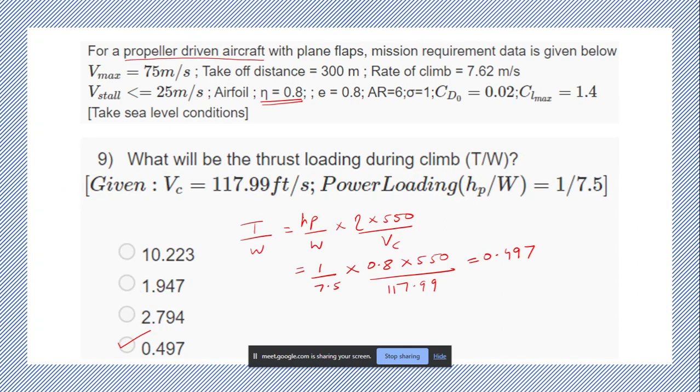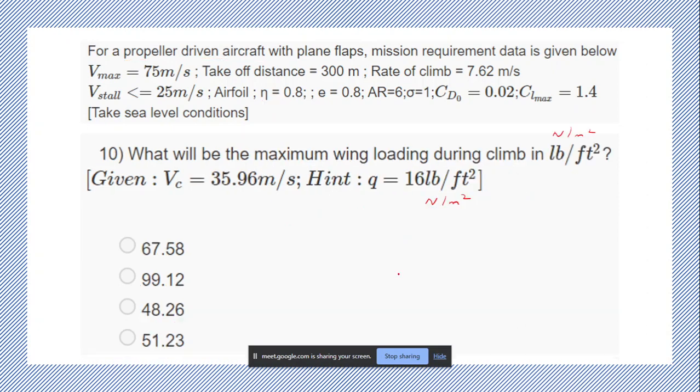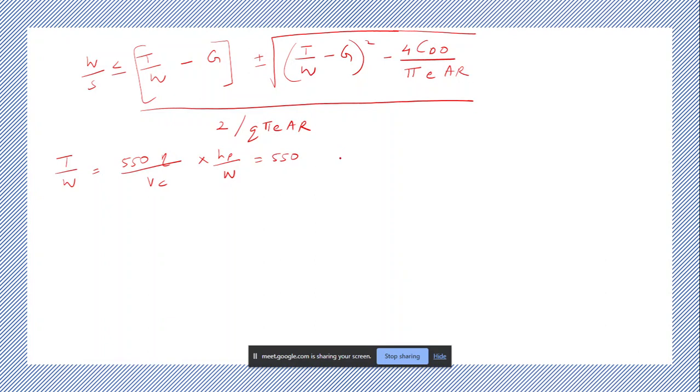Okay, so then we should have used that quantity here, is what you're saying. Let's just calculate it with 35.96 here. So this was 0.8, this is 35.96, into this was 1 by 7.5. Okay, so what will this quantity be? 550.